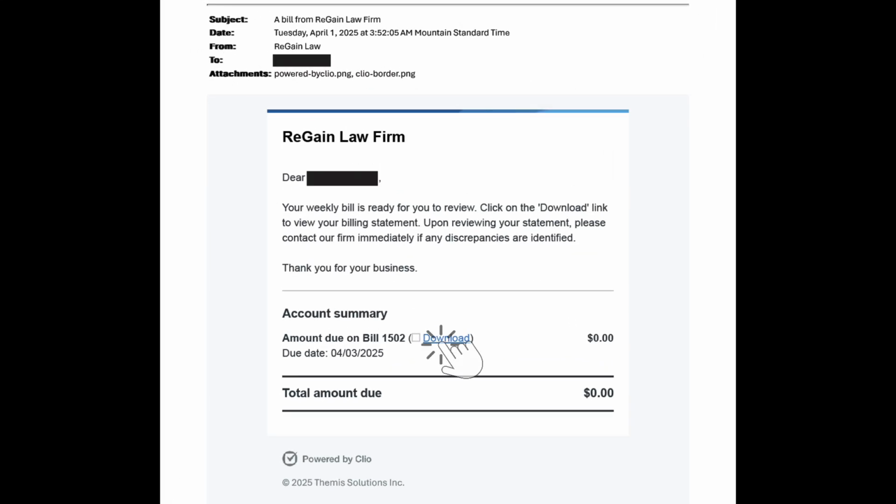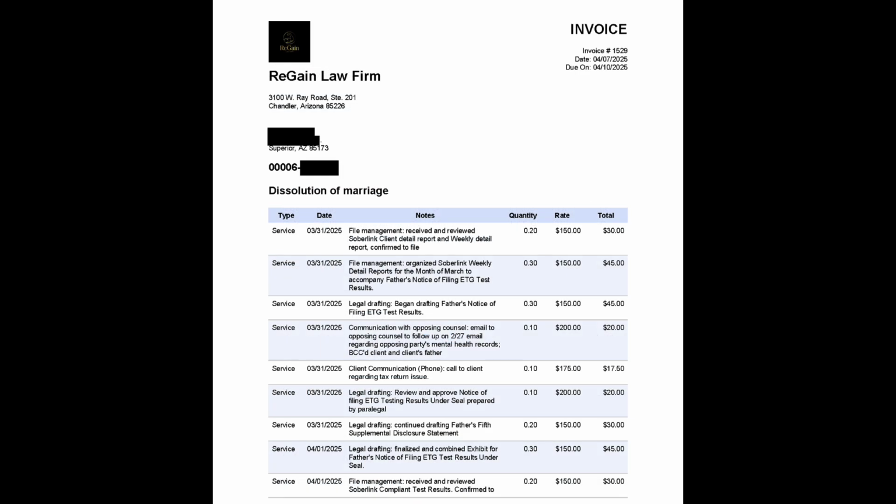When you receive an invoice email from ReGain Law, each invoice will include an invoice number, the date the invoice was issued, the date the payment is due, and you will also see your matter number and description here. Afterwards, your invoice is broken down into 3 sections, starting with a breakdown of the services provided during that billing period.